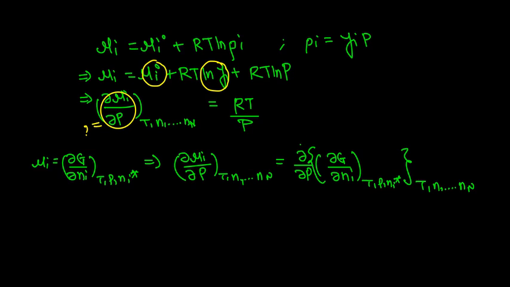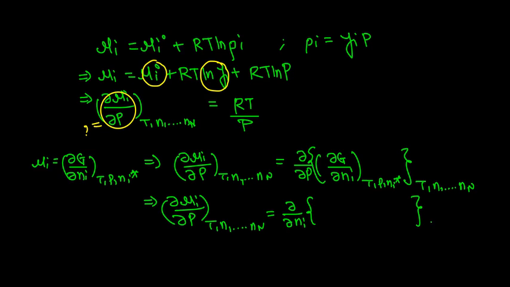And then I use the Maxwell reciprocity relationship, from where I get del mu i by del P at constant T and N1. Now this can be written as del by del Ni at constant T, P, and N j star, and I can write this as del G by del P at constant T and N1, and so on. But this term is nothing but volume.